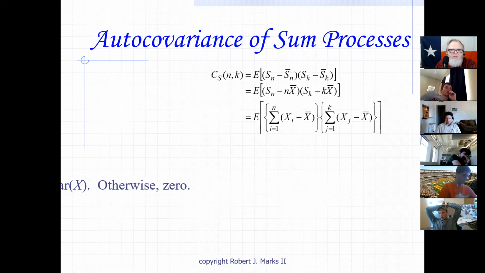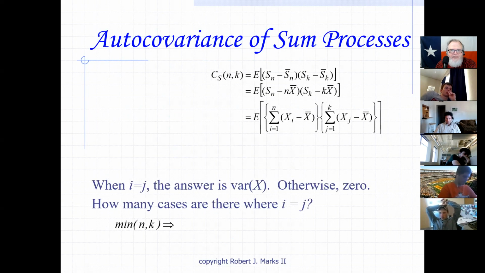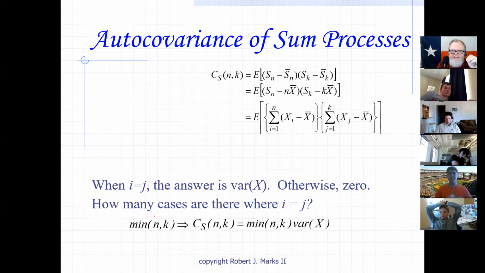And then what we just showed is that the autocovariance is equal to the minimum of n and k times the variance of x. We did that by looking at the matrix, if you will.